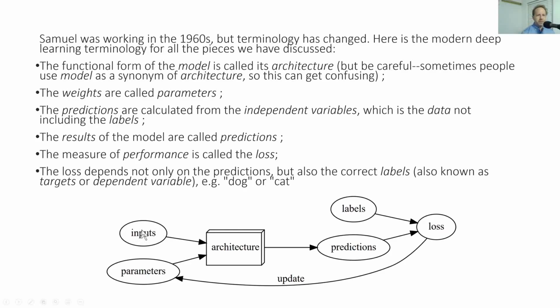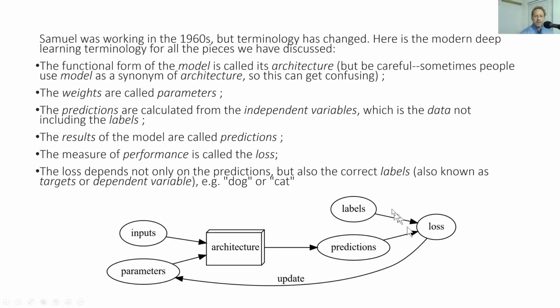So that's your inputs. The results are predictions. The measure of performance, to use Arthur Samuel's word, is known as the loss. The loss is calculated from the labels and the predictions. And then there's the update back to the parameters.